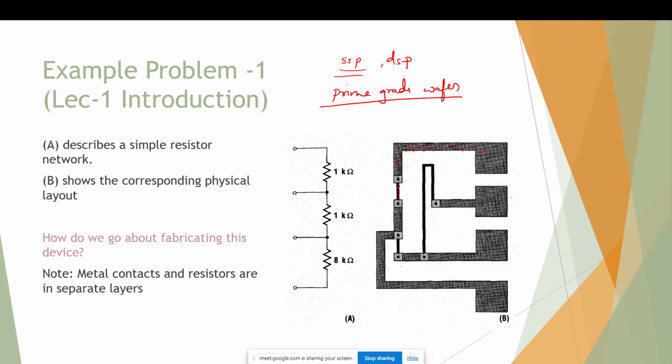There are different grades of the wafer based on the purity. Very pure wafers are the prime grade wafers, and they are usually used for electronic devices. But when you want to optimize certain processes in the device fabrication, you can use something called test grade wafers.